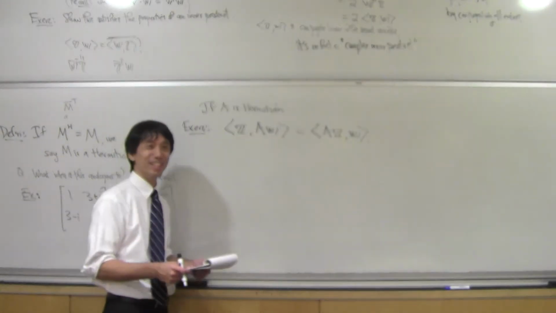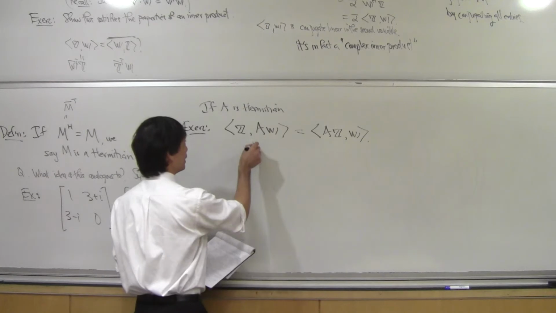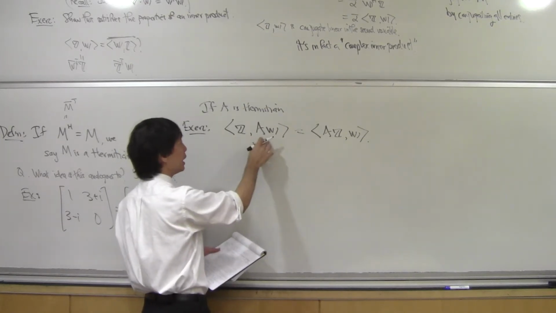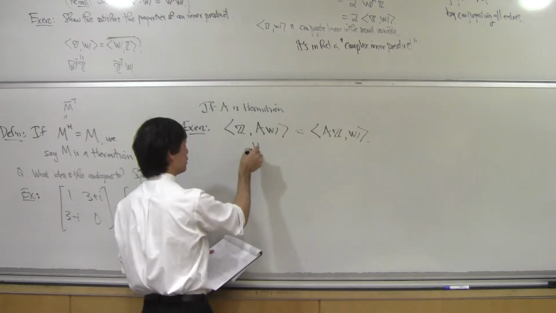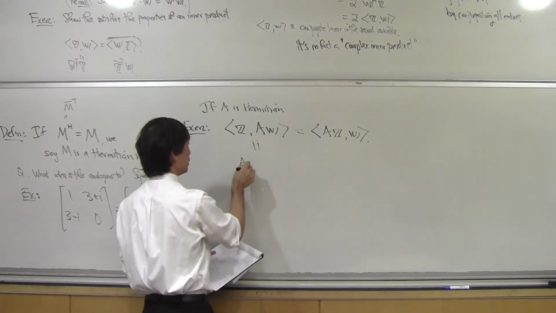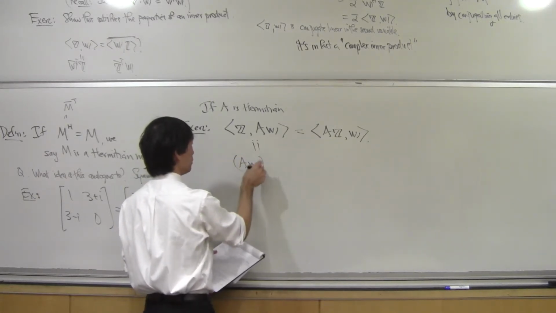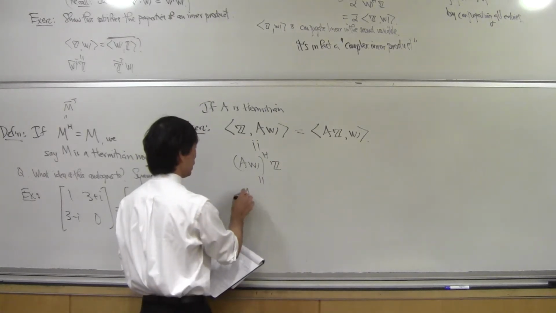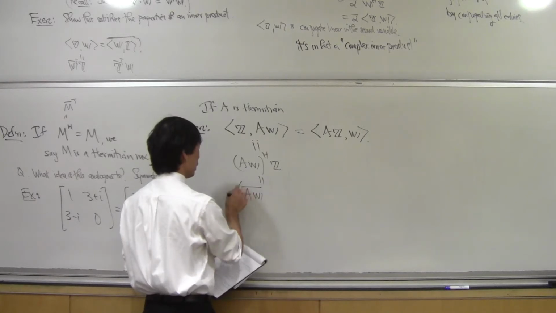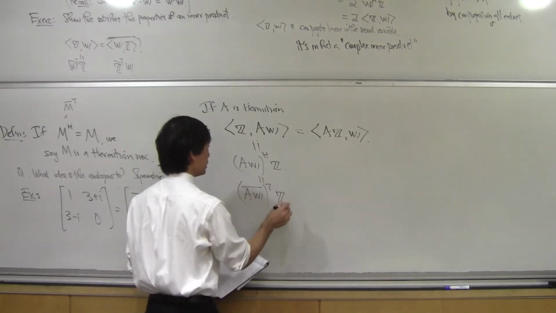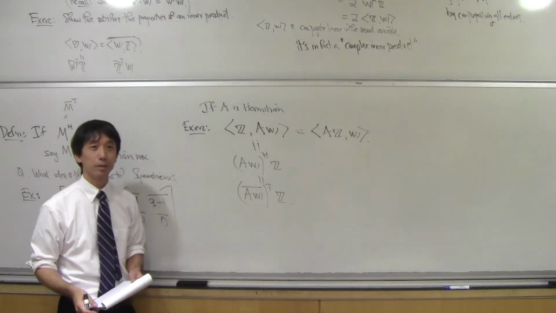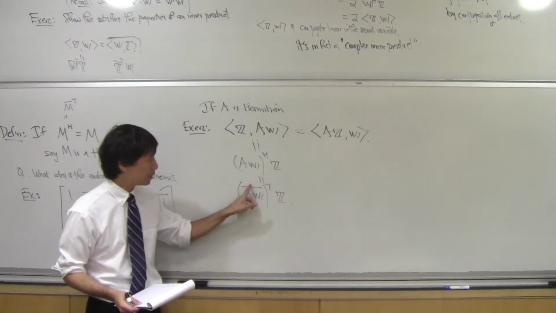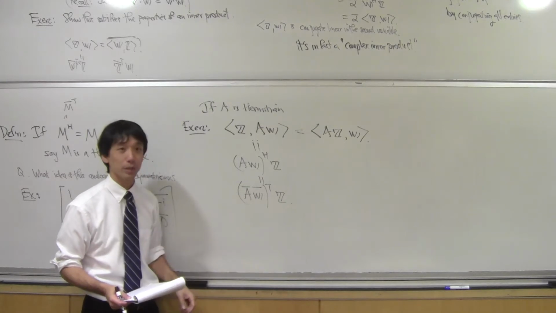Nobody's talking? Let's do this. What's the inner product of Z against AW, by definition? It's (AW)^H Z, in other words AW conjugate transpose, times Z. Remember that the conjugate of a product is the product of the conjugates, so I'm going to break this up into two conjugates.